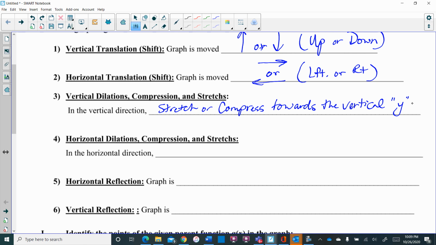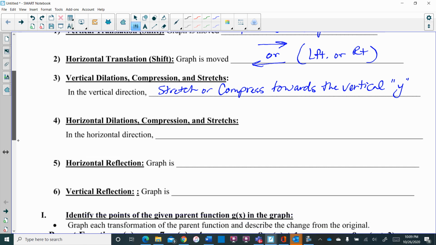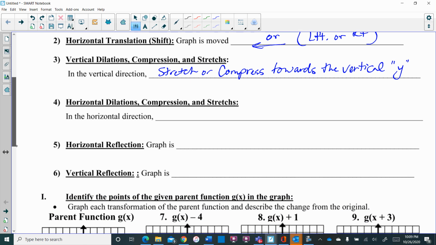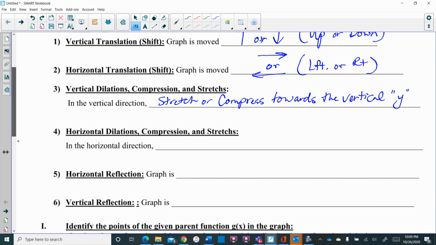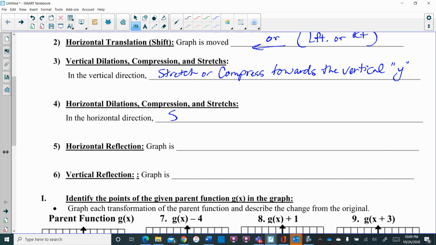So if I'm doing a horizontal compression or stretch, we're going to stretch or compress the graph, but since it's horizontal, this is going to be towards the horizontal, which I'm going to abbreviate, which means I'm going towards the x-axis.